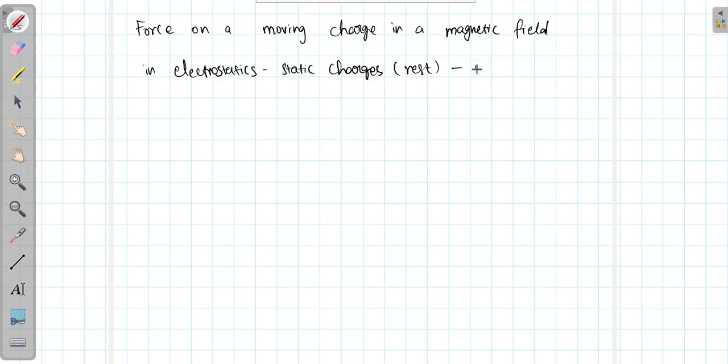Those charges only produce an electric field, whereas moving charges produce a magnetic field around them.